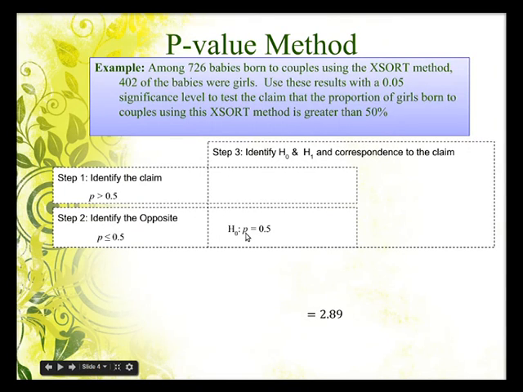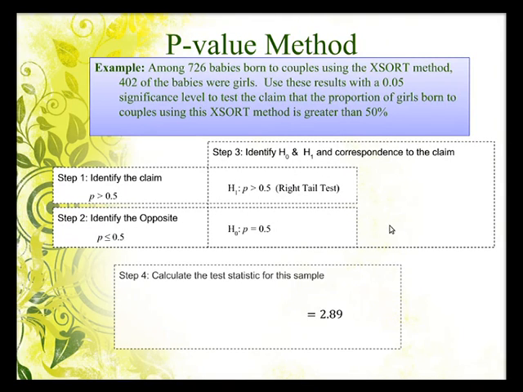Our null hypothesis will be that the proportion equals 0.5, which means our alternative hypothesis, the one that doesn't have the equals in it, is p is greater than 0.5. This tells me we're going to be doing a right-tailed test because our alternative hypothesis is greater than. We'll come back to this in a bit and figure out why we had to decide on this correspondence once we get to the end of our hypothesis test.